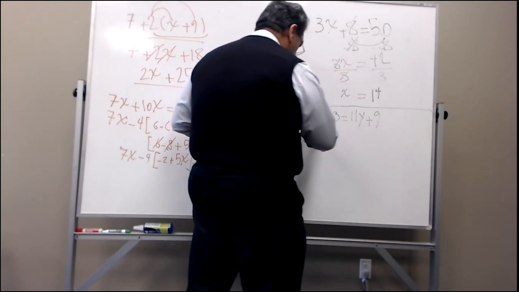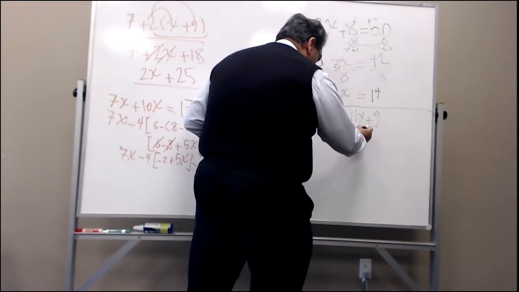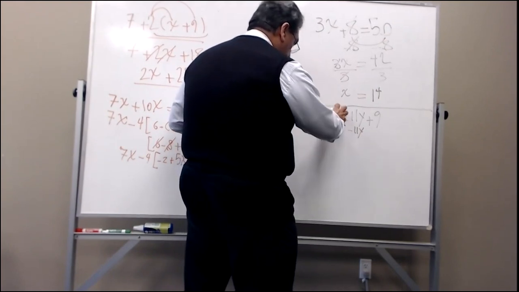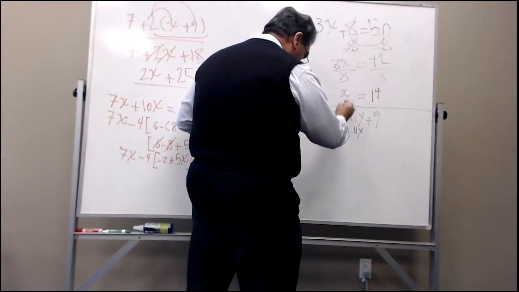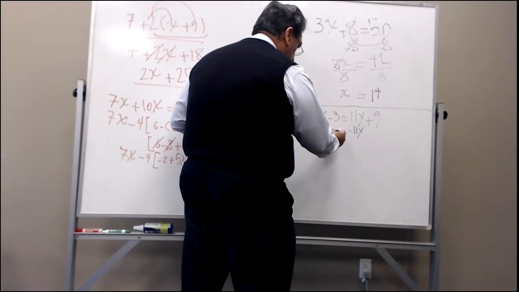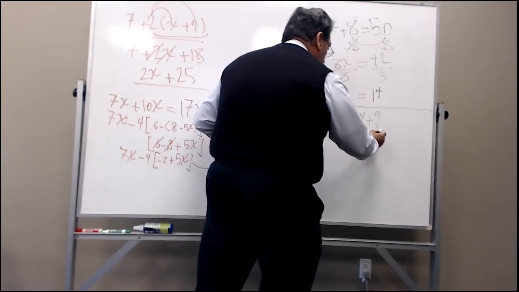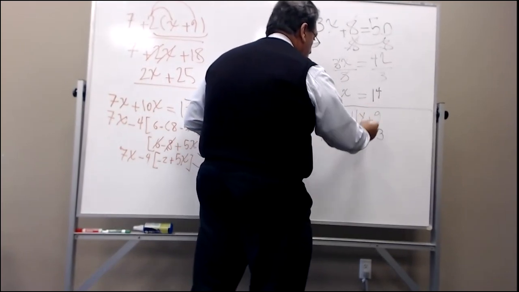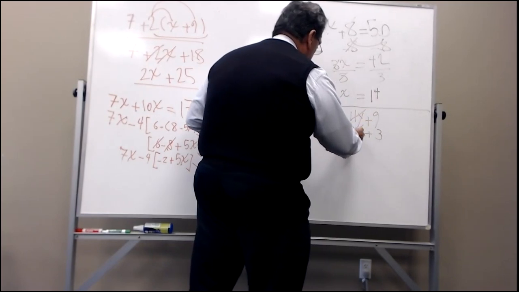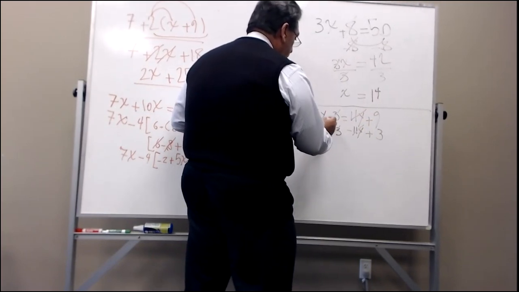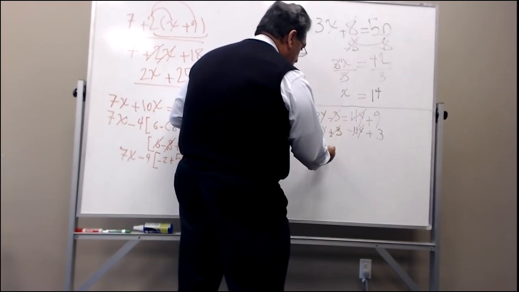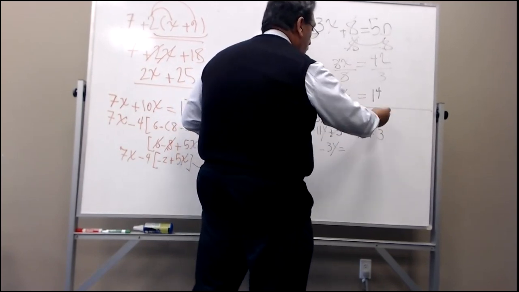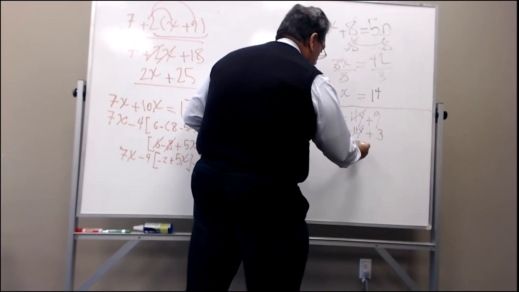I want to bring this to this side, so minus 11y, minus 11y. I want to take minus 3 to that side, in other words, get rid of it, so plus 3, plus 3. These two cancel, and these two cancel. So I have minus 11y plus 8y makes minus 3y is equal to 9 plus 3, 12.